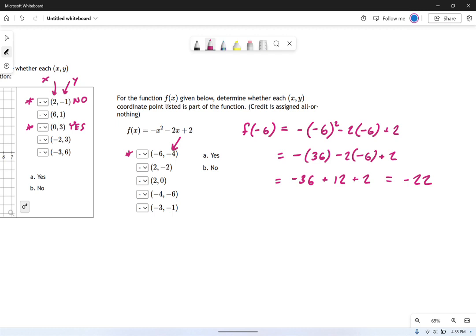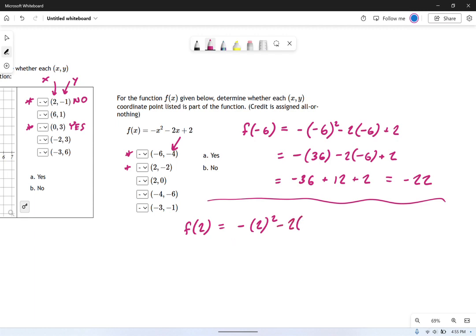So you can see this point is not going to be on the function because the x and the y coordinates don't agree with each other. They don't satisfy that equation. So let's try another one. How about, let's see, it's hard to do this stuff in your head, but let's try 2, -2. Try this one next. So f of 2 equals, and I'm going to plug in 2 for all the x's.